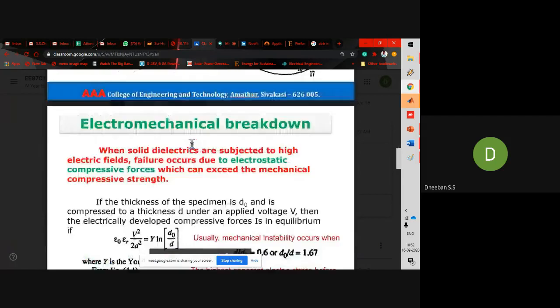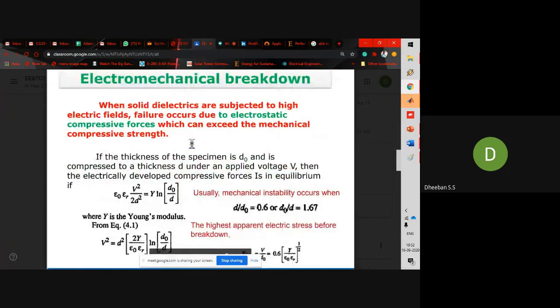So next breakdown is your electromechanical breakdown. Electromechanical breakdown is nothing but when solid dielectrics are subjected to a very high electric field, the failure occurs due to electrostatic compressive force.